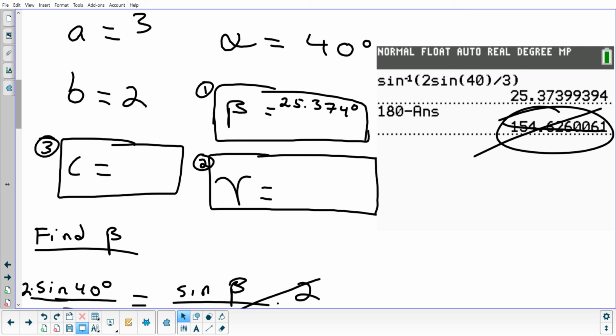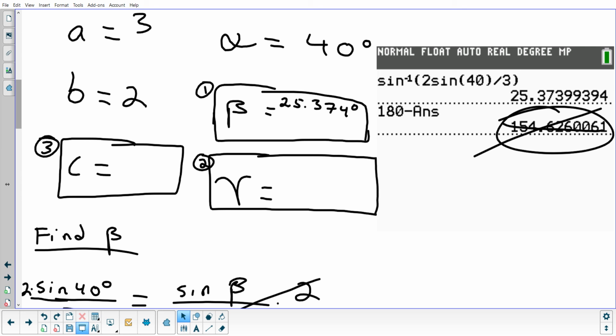Now, how can I get gamma? That's the second thing on my list of things to do in this problem. Okay.